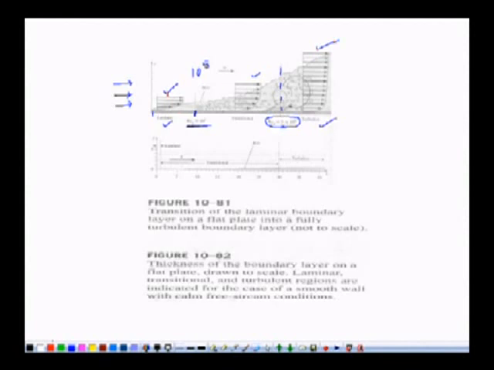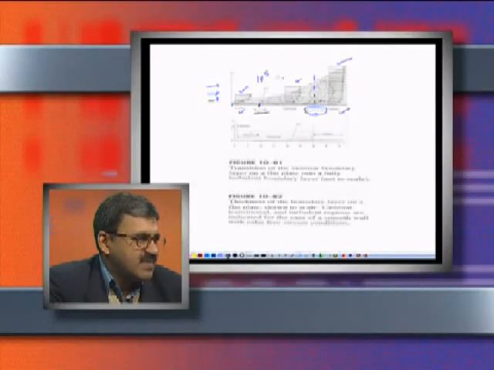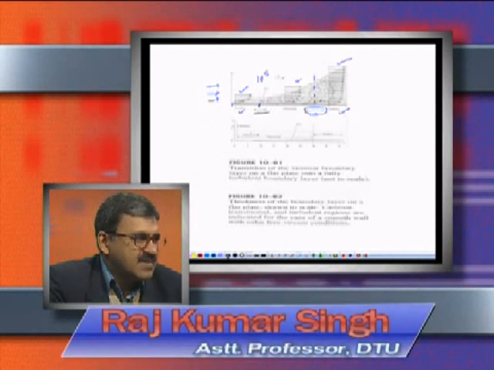Now you can visualize the velocity profiles in these three types of boundary layers. In case of laminar boundary layer, we see a very smooth velocity profile where du over dy is small enough. But in the turbulent case you see that from the very beginning we have very high velocity, and naturally at the boundary surface, what is the velocity at the surface?